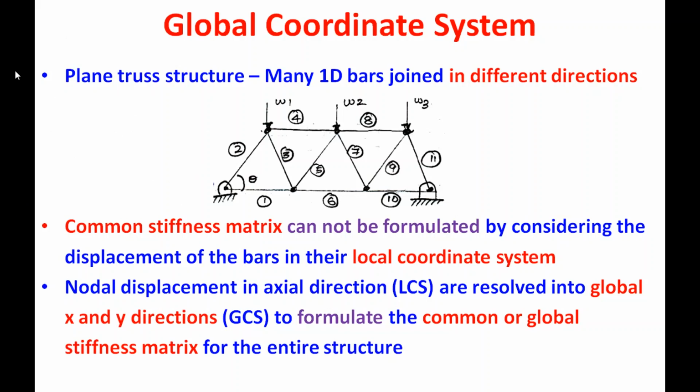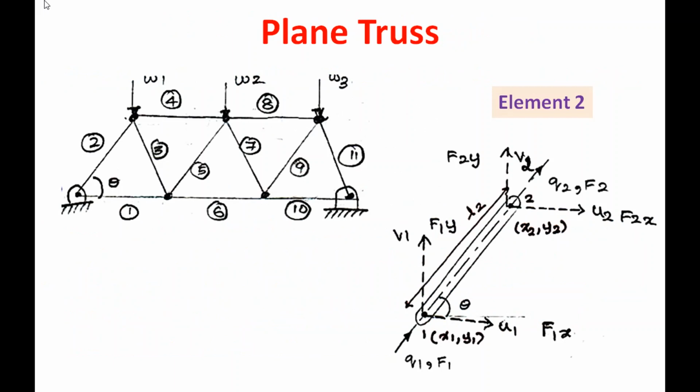How to derive the element characteristic equation for a truss using the global coordinate system, we will see in this part. This is the plane truss, a simple plane truss, shown here. Each element is numbered inside a circle, right? That is the element number, and each element has a different orientation, and here W1, W2, W3 are the loads acting at the joints.